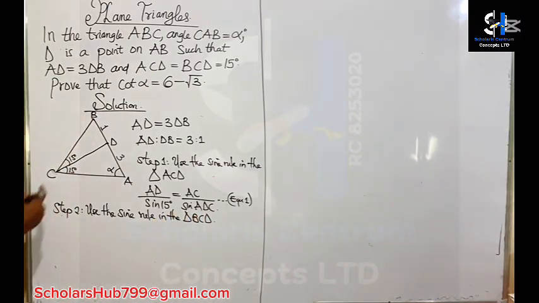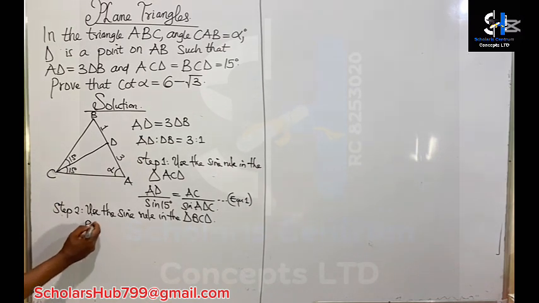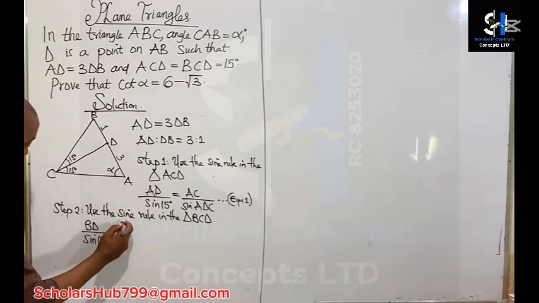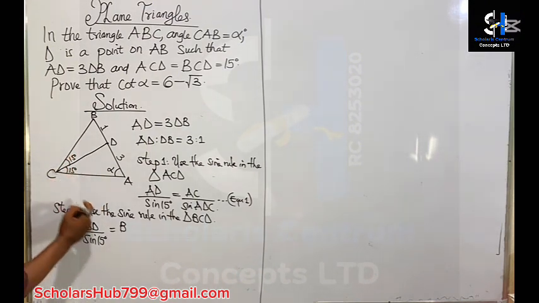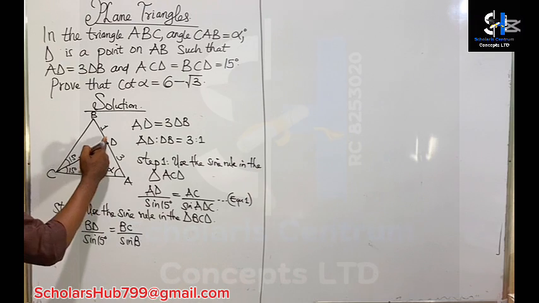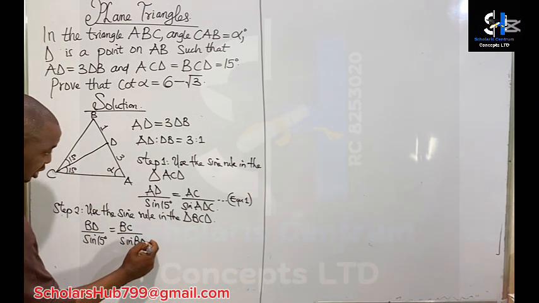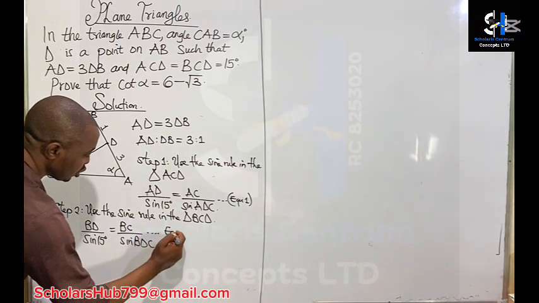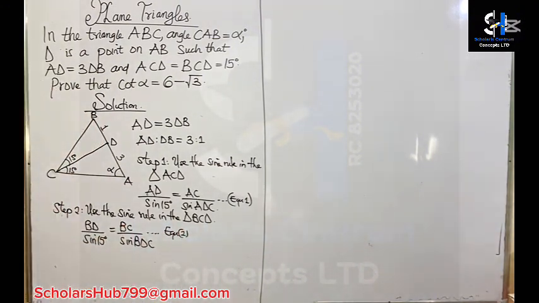So BD over sine 15 degrees equals BC over sine BDC. This becomes equation 2.